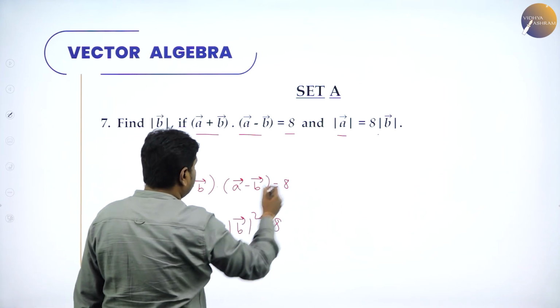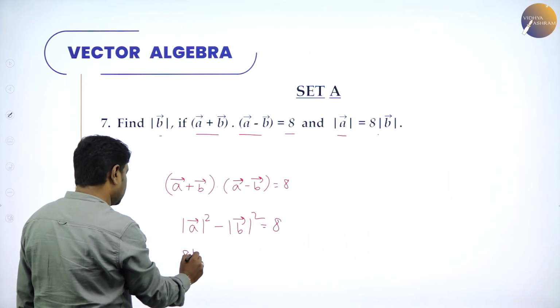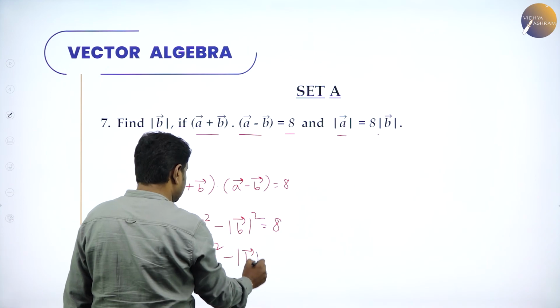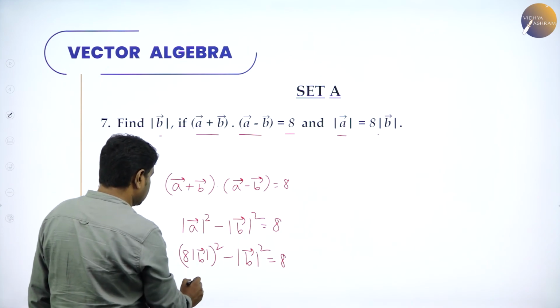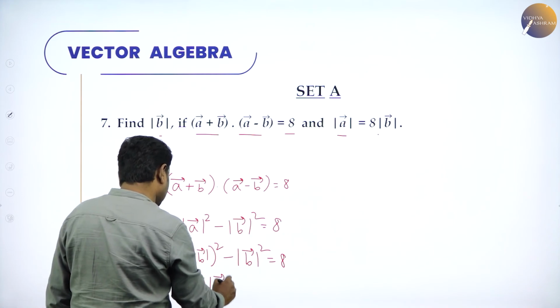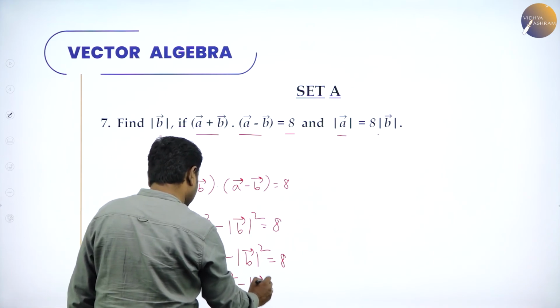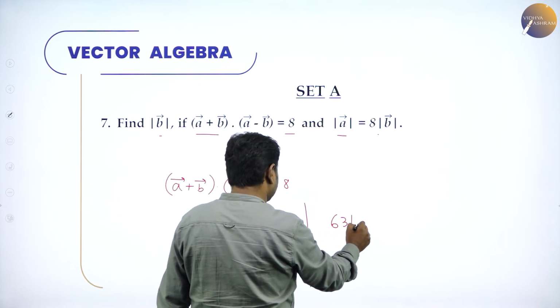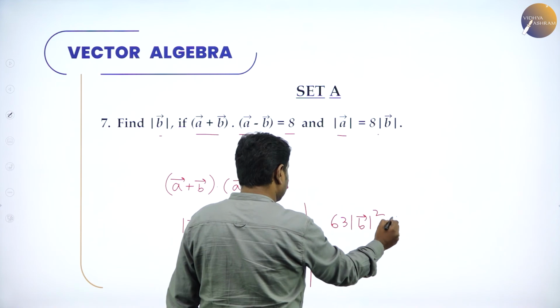They gave a is 8 times b. Instead of a, I'll write (8 times magnitude b) whole square minus magnitude b square is equal to 8. Further 8 squared is 64, so 64 magnitude b square minus magnitude b square is equal to 8. Further 63 magnitude b square is equal to 8.